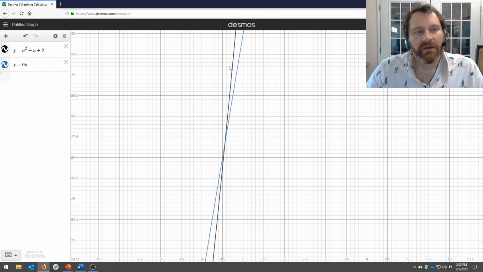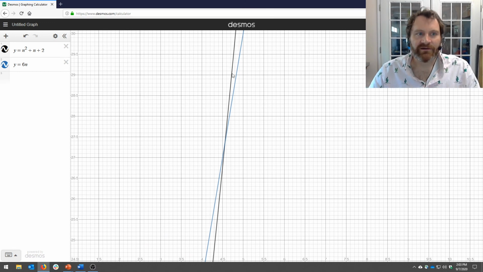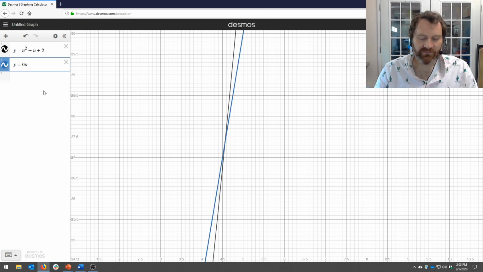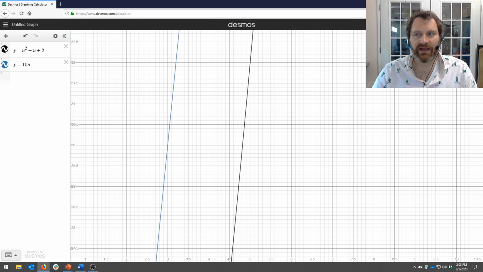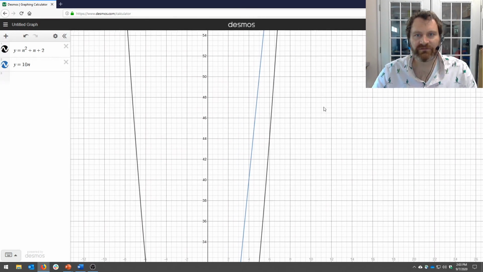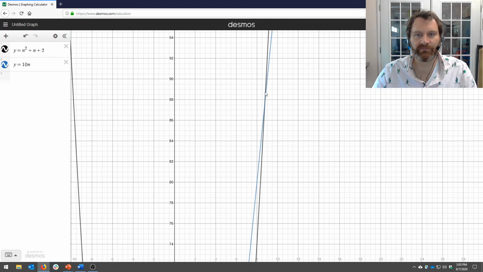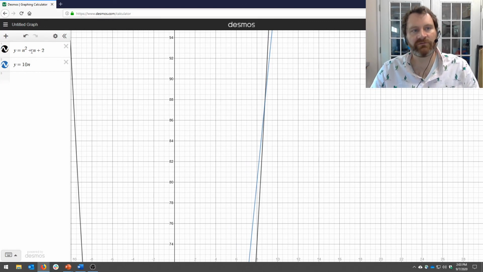No matter how big we make this, the black line will always eventually overtake the blue line, because the rate of growth of this n squared function is higher than the rate of growth of the blue line.